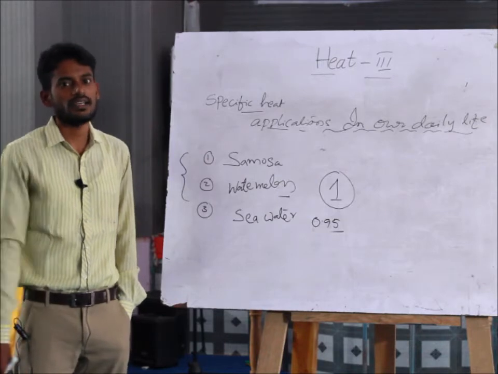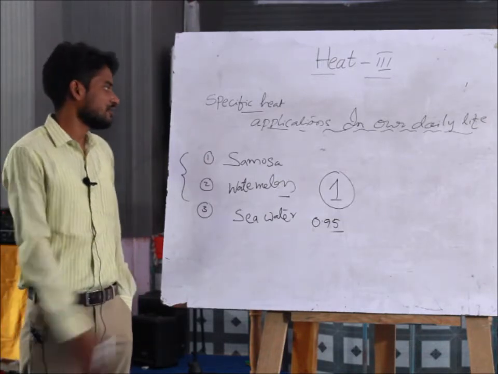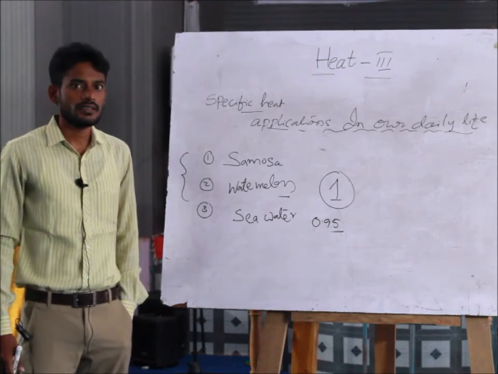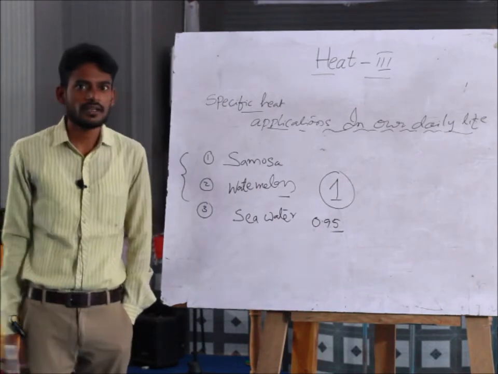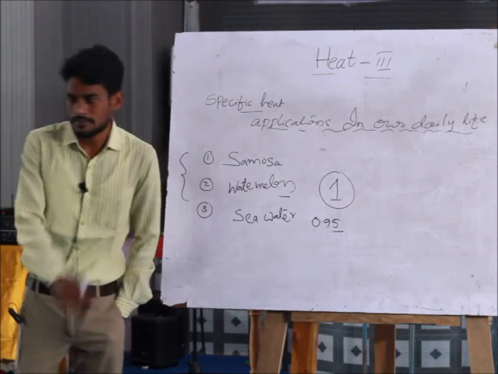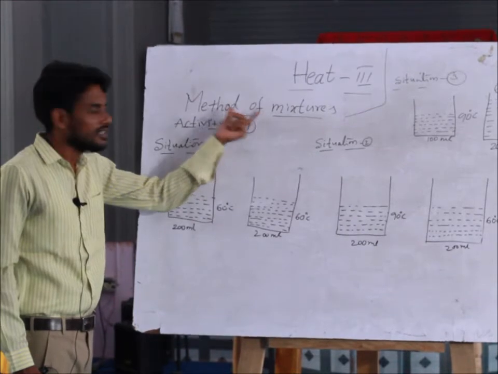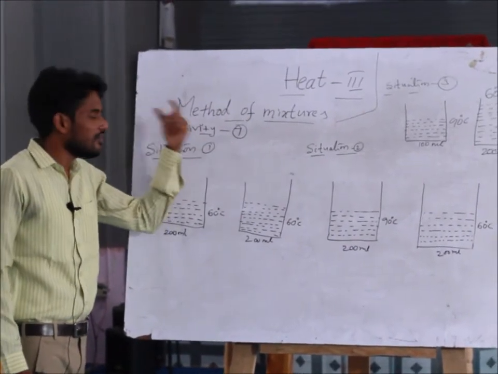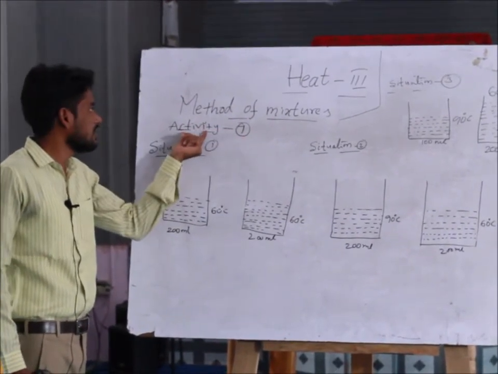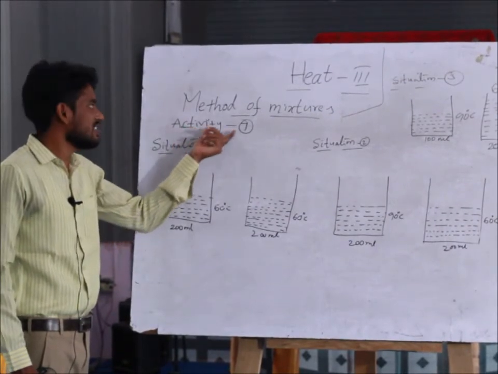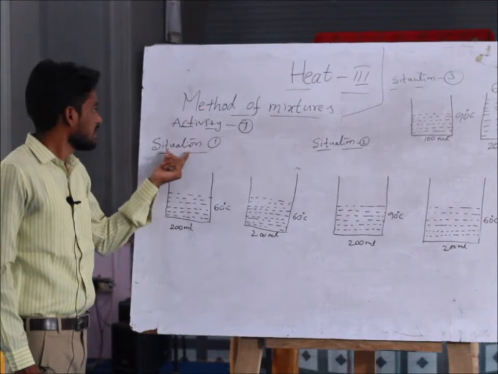What did the textbook maker mention in your textbook? Got it? Now, a very important topic: method of mixtures. Our next concept is the method of mixtures, given as activity 7 in your textbook.